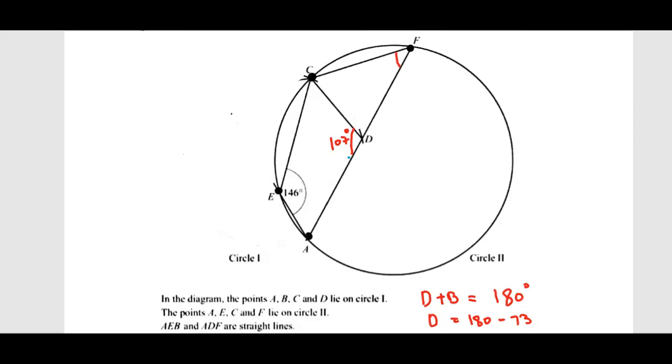If you think about AFCE, right? AFCE has all the corners touching on the circumference. So this is a cyclic quadrilateral. We are going to use the same property.